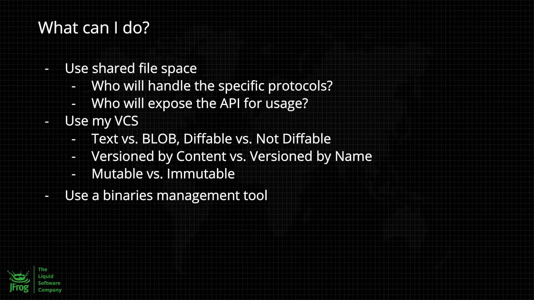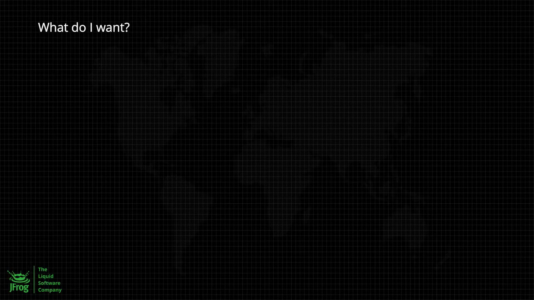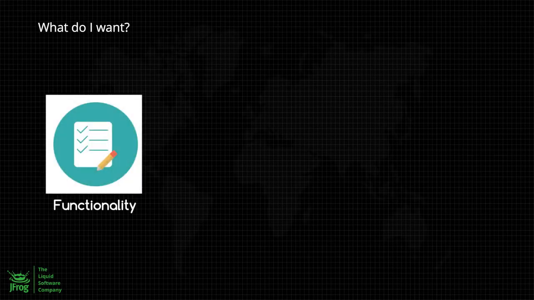So what you can do to store binaries is to use a binary management tool. And if you look at binary management tools, there are plenty of solutions on the market. But if you look at what you want, first of all, you want some functionality. So if you work with Conan, for example, you want to have a binary manager that will work with Conan.